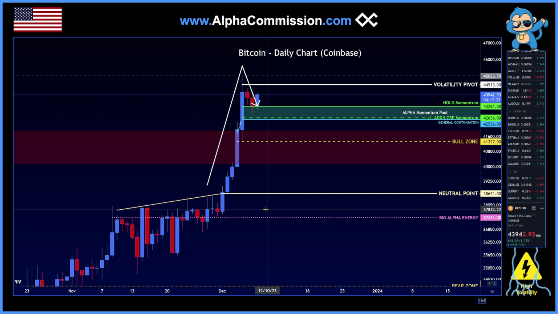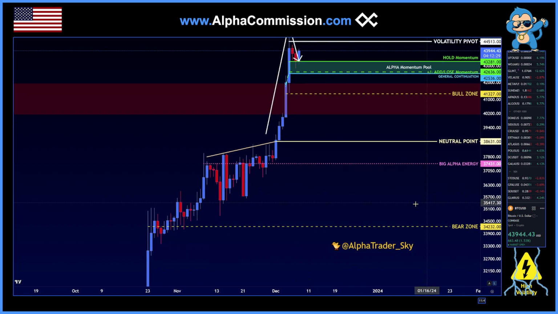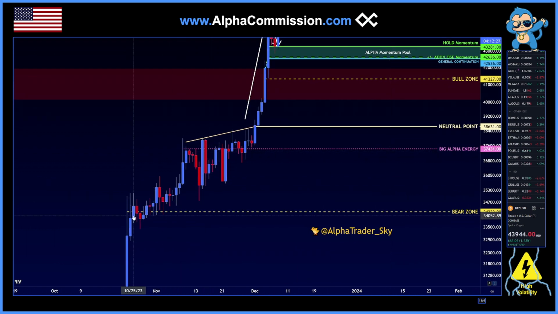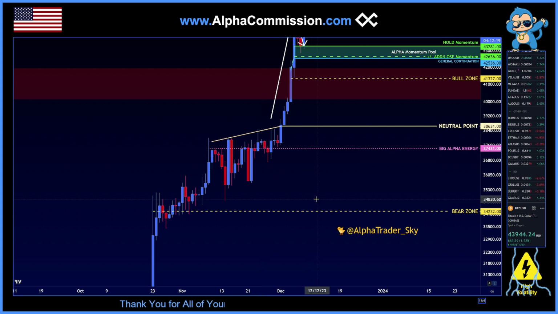You can take a look at these different types of strength of move indicators, and you can understand what that could mean. But if we lose that strength of the move, then it's very easy for us to fall back to the bottom of this range, okay? And that wouldn't necessarily be unexpected.